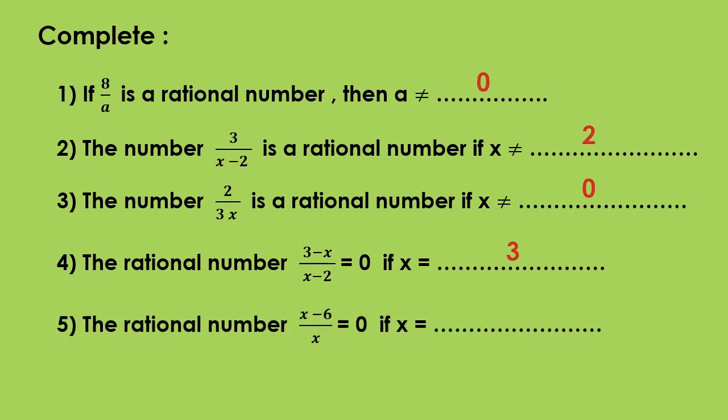Number 5. The rational number x minus 6 over x equals 0. Solve what? Which equation? Numerator or denominator? When it tells you a rational number equals 0, look at the equation in the numerator. So x minus 6 equals 0, when x equals 0 plus 6 equals 6.